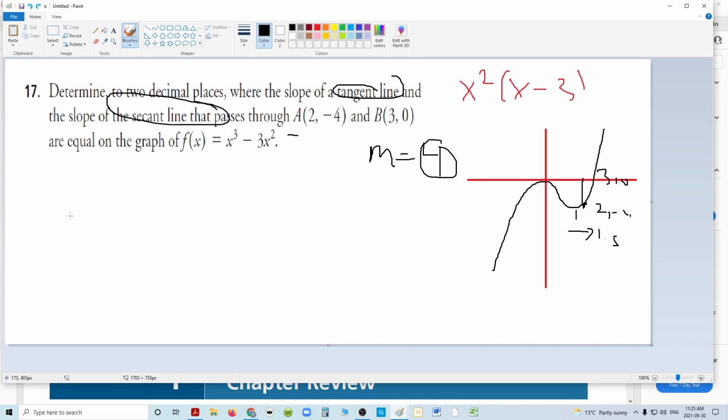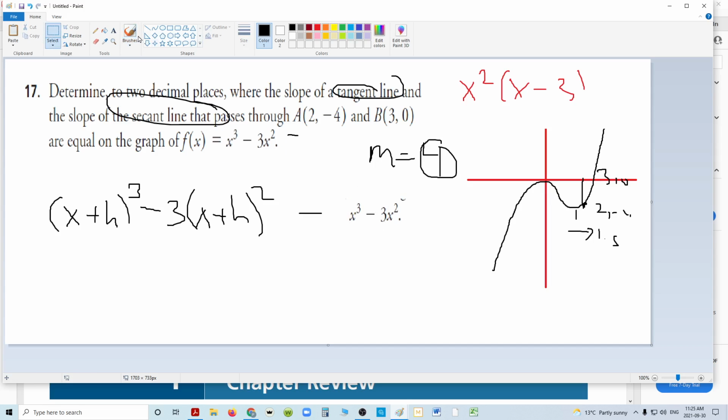If we take the instantaneous rate of change and we do what we did before, and we subtract this graph all in a bracket and divide it by h, what do we get?